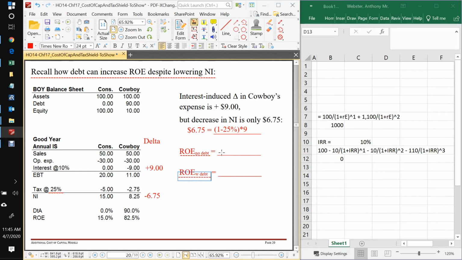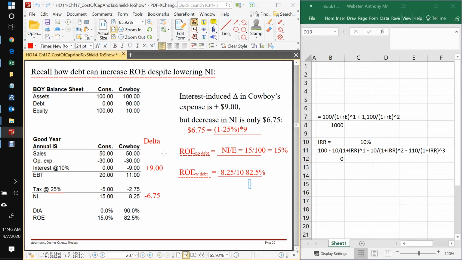So the ROE with no debt is equal to our net income divided by equity, right? And that's equal to 15 over 100, which equals 15%. And our ROE with debt is equal to 8.25 over 10, and that's equal to 82.5%.